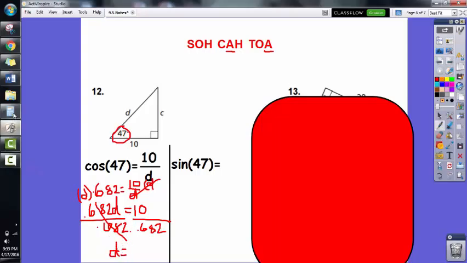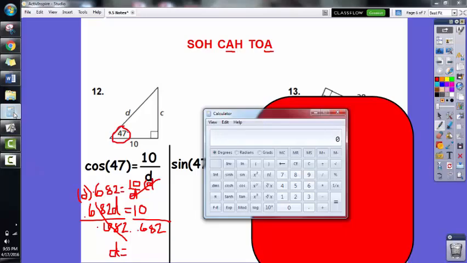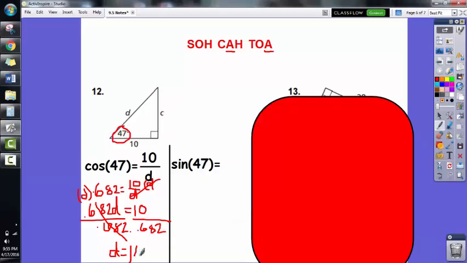And d is 14.67. So I am going to go fill that in up here. And now we can find C.